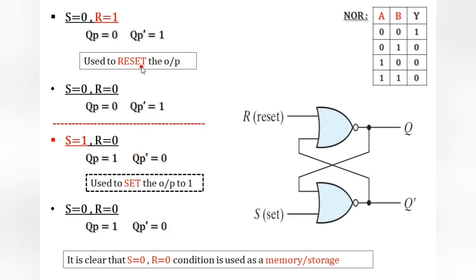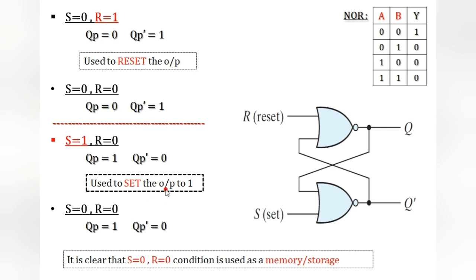If you observe these two cases, here the 0 1 output is stored. Listen, the 0 1 output is stored here. Again the 1 0 output is stored here. Finally the S0 R0 condition. So it is said to be a memory condition. Listen carefully.